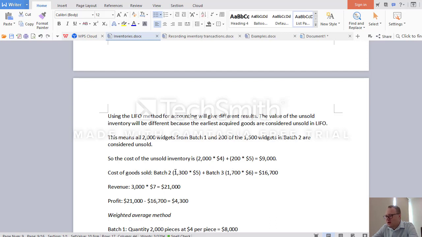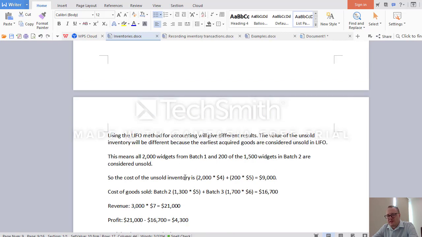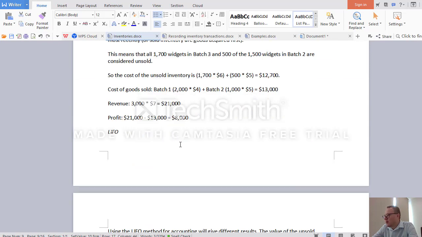So that's why you need to sell something from batch 2, 1,300 items at $5. So you get cost of goods sold, and you can immediately find the profit, revenue minus cost of goods sold. You see profit here is smaller, 4,300, whereas with FIFO it was 8,000.